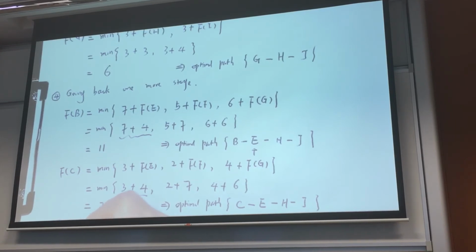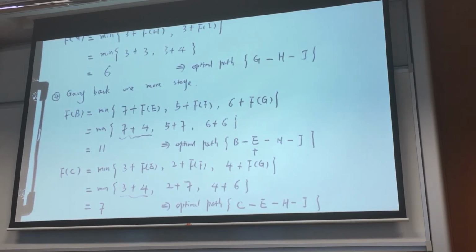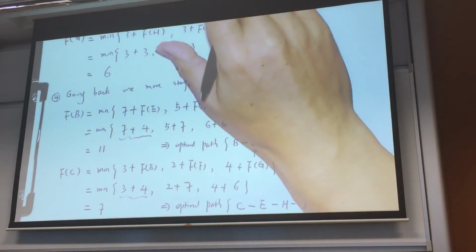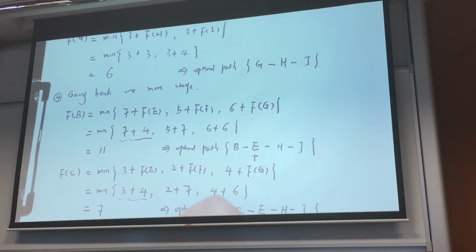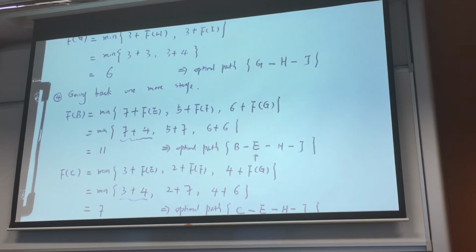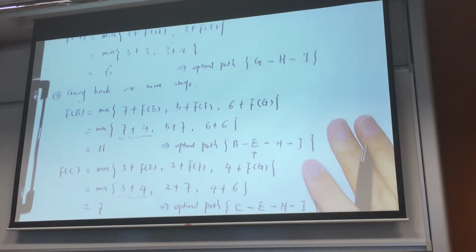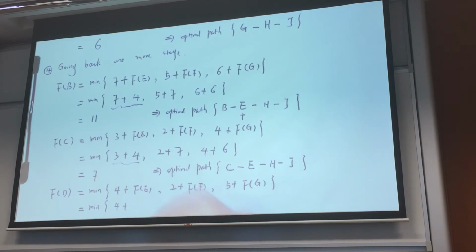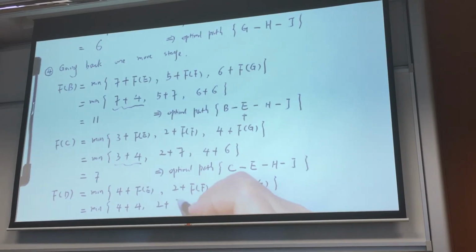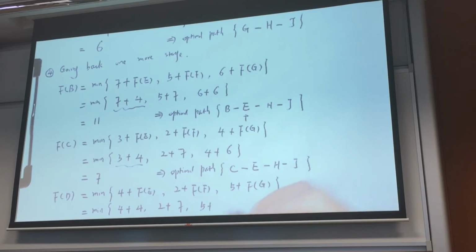So finally, we decide the distance for the node of D. So for the D, there are also 3 options: 4 to the node of E, and 2 to F, and 5 to the node of G. So this 4 plus, so FE equal to 4, so FF equal to 7, so FG equal to 6.